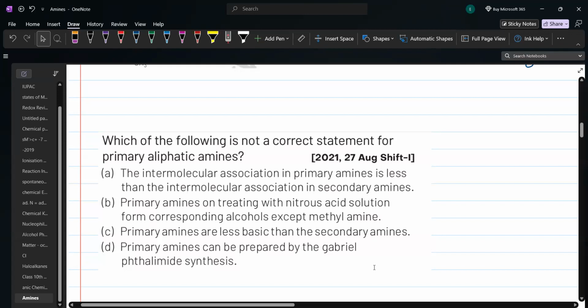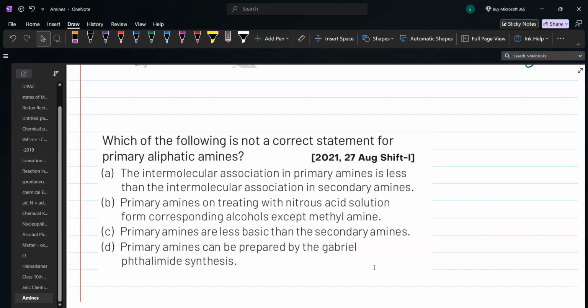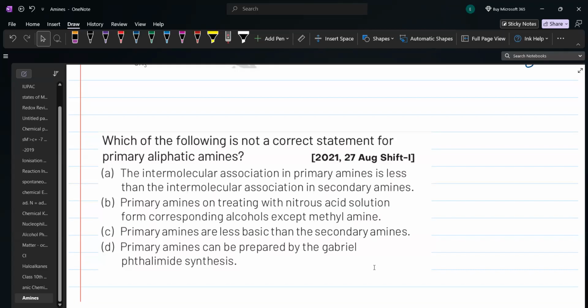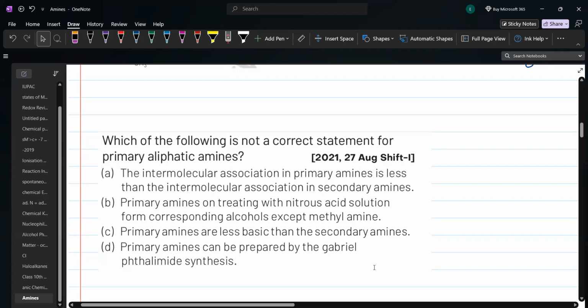Aromatic. हाँ. So what do you think? Sir, 1 second.